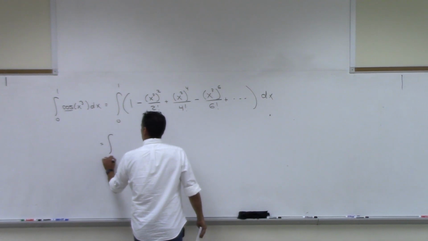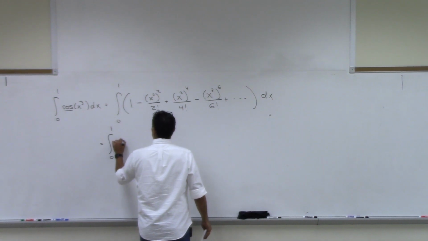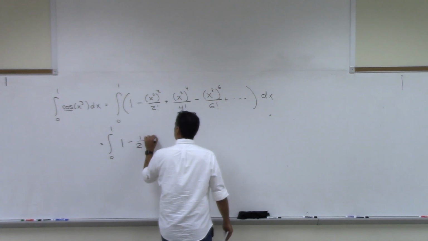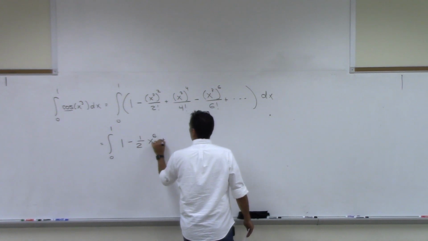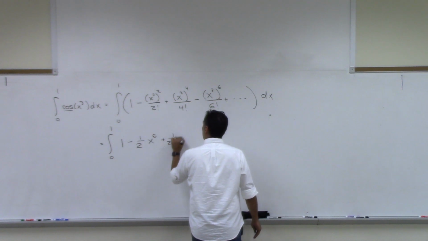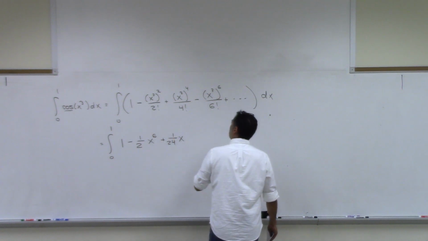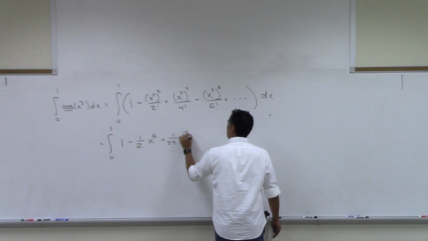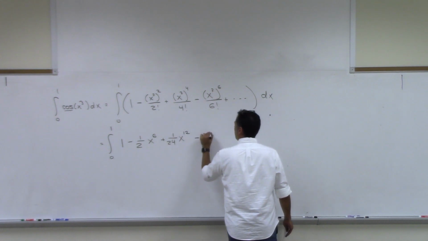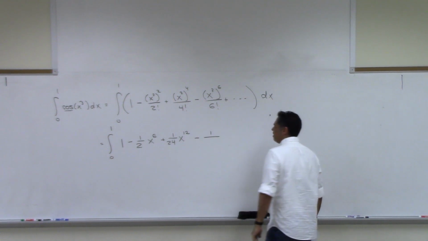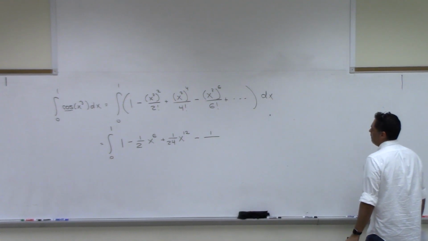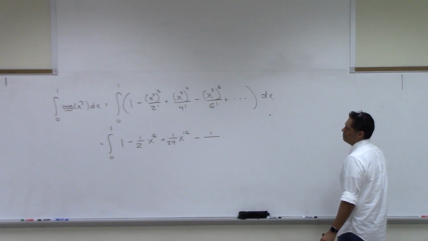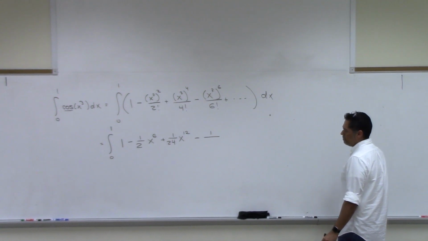Then, before I integrate, I'm going to just clean it up. That's 1 minus 1 over 2 x to the 6th plus 1 over 24 x to the 12th, and then minus 1 over, what's 6 factorial? 720.